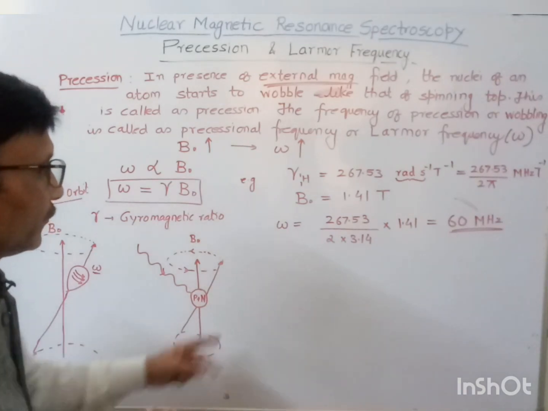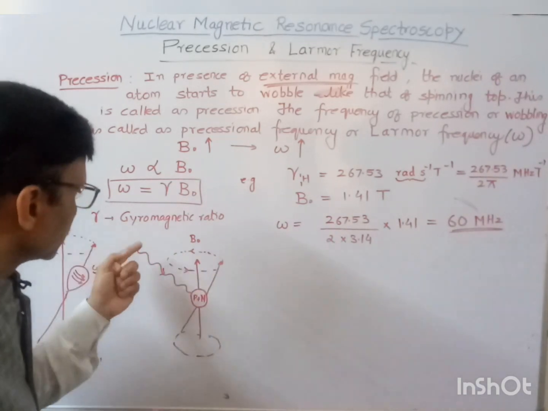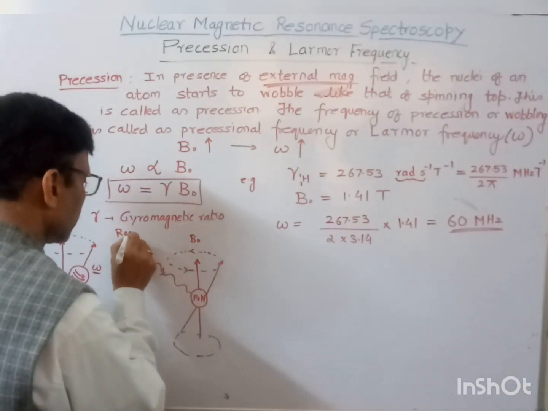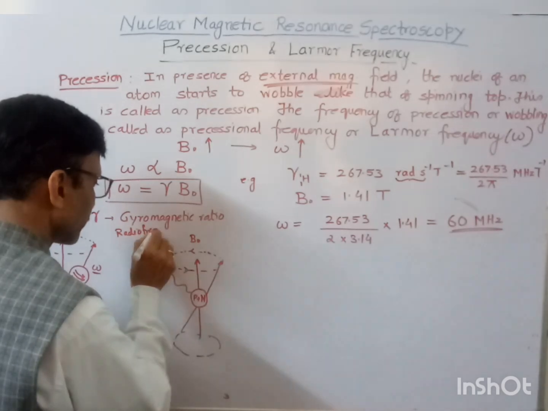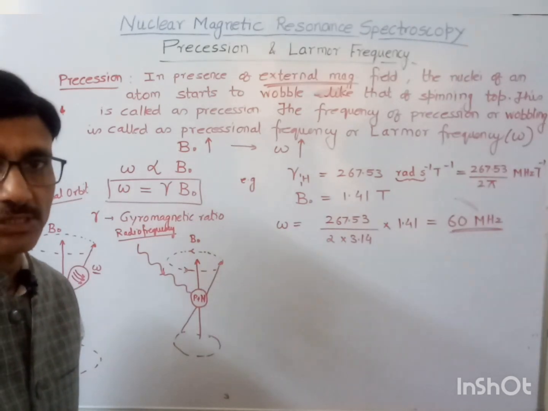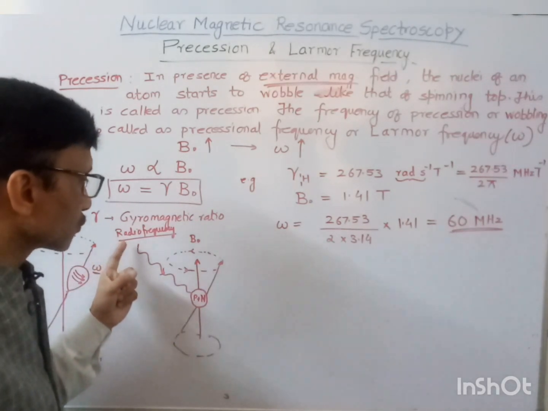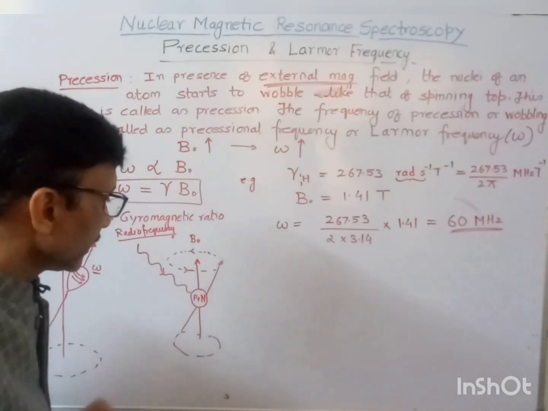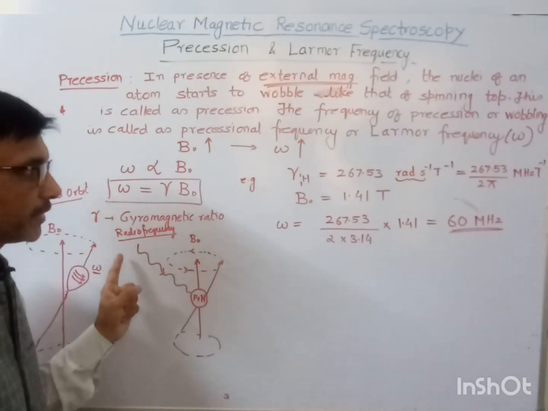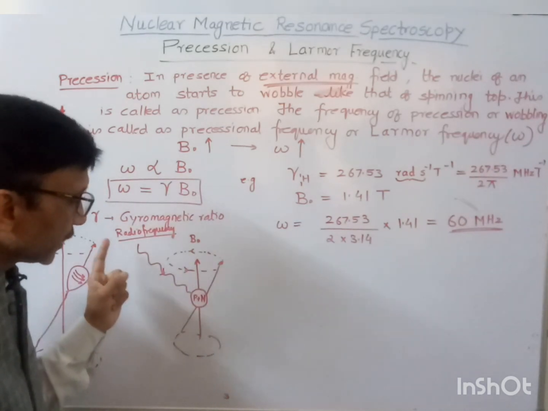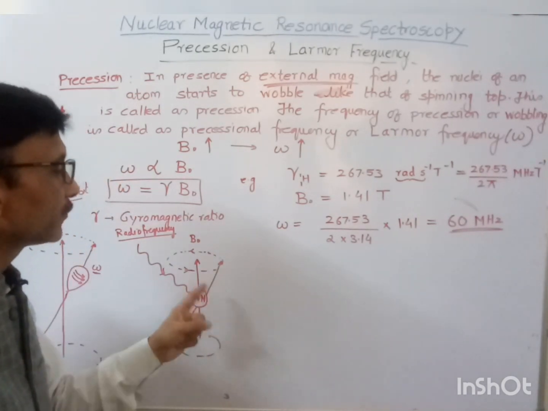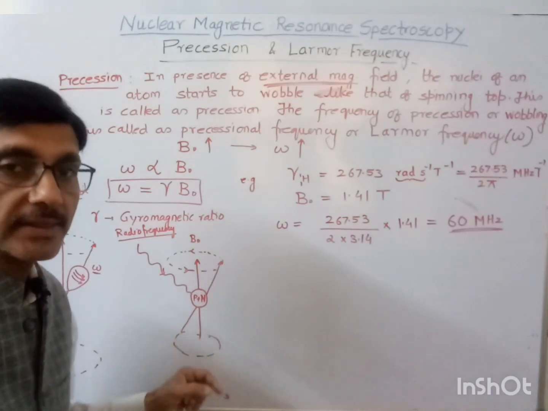In the presence of this radio frequency, which is called the operating frequency of an instrument, and when the operating frequency of this instrument becomes equal to the precessional frequency of this nuclei, then what will happen?